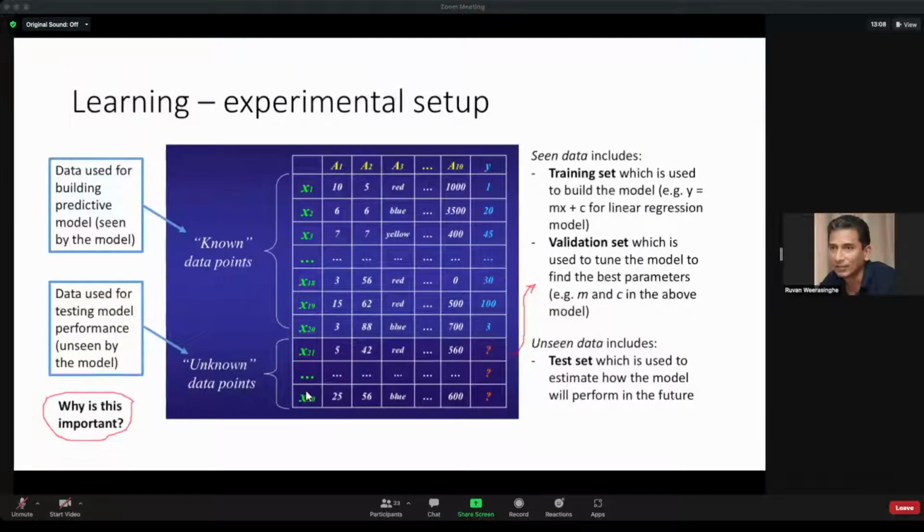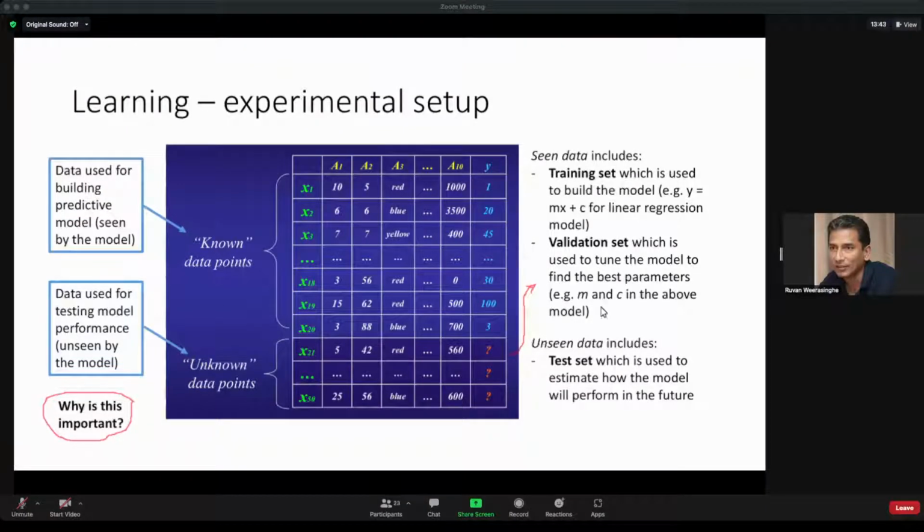So we may end up tuning our model to precisely this testing data set. Indirectly, we are training on our testing data, and that's the cardinal sin of machine learning. You never train on your testing data. But indirectly, if we do this, we are.